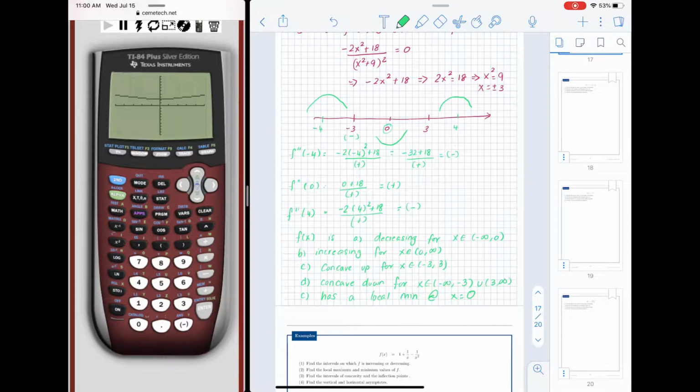And it looks like it is doing what we expected it to do. Let's adjust the window a bit, and we can see it clearly. So it's concave up.